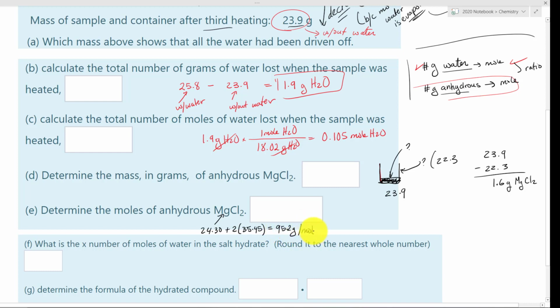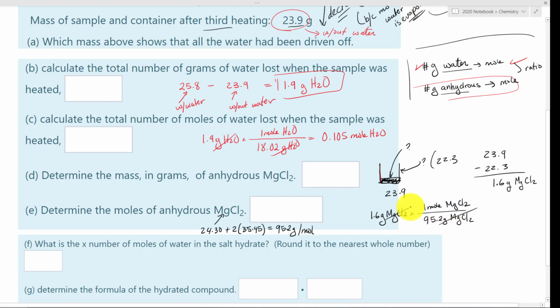So now let's do this part, okay? So we have 1.6 grams of MgCl2, okay? And what do we have here? Well, in this case, the molar mass, and so this has to be 95.2 grams of MgCl2, and this is 1 mole of MgCl2.